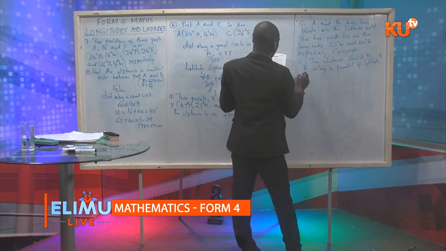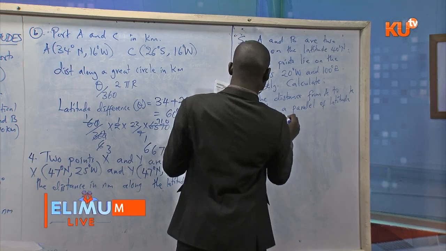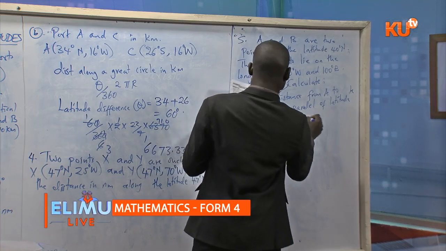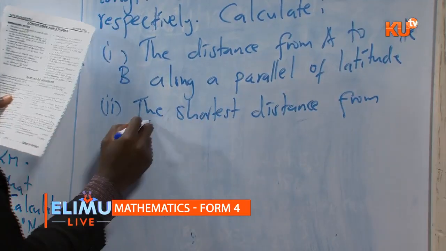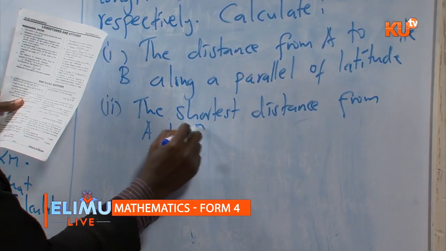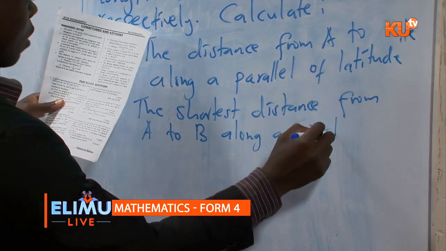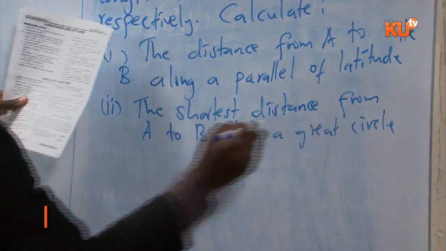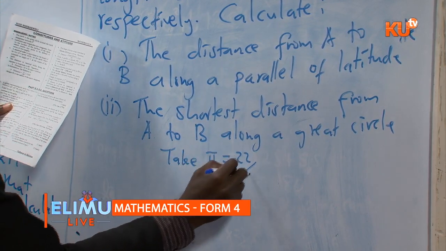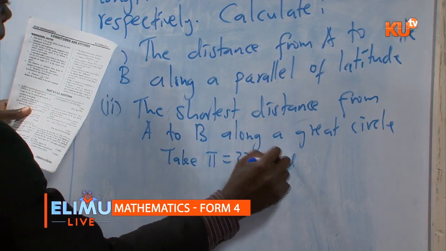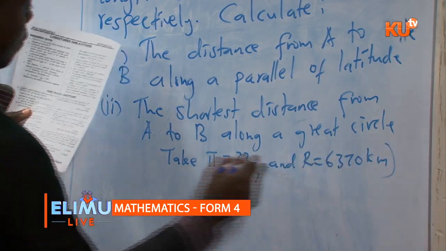And then Roman 2, which is something that you need also to understand, is the shortest distance from A to B along a great circle, and take pi to be 22/7 and r to be 6370 kilometers.